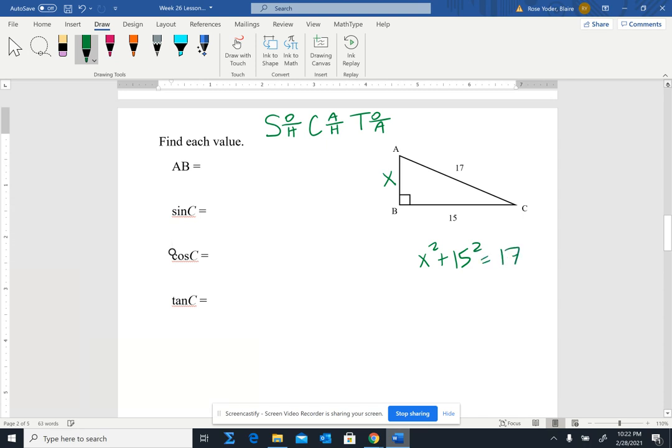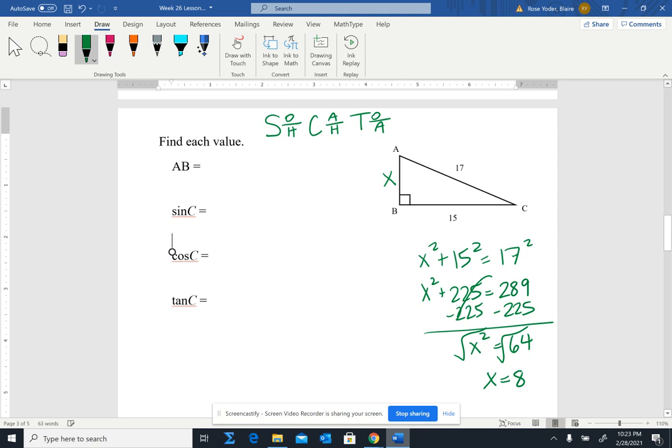At some point, hopefully we'll have some of those Pythagorean triples memorized, and there are problems like this. This is a common one. It's going to work out nicely, where if you know your triples, you won't have to do all this work of calculating and doing the Pythagorean theorem. See, I have 64, and when I square root that, I get a nice answer. X is 8. So at some point, if you have some of these memorized, you'll look at it and say, oh, it's just an 8, 15, 17, and you won't have to do any of the work to calculate that missing side, and that'll save you a bunch of time.